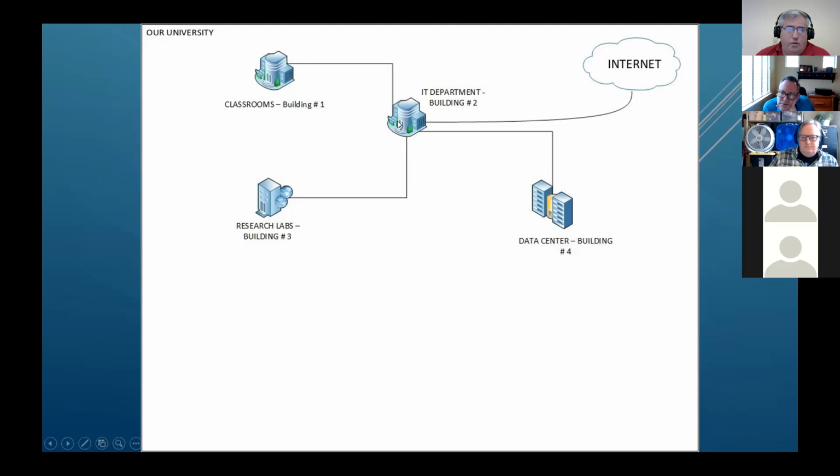So it will route between all of these. And this is like a university setting. We've got classrooms here, we've got research labs, and we've got a data center that we want to communicate. And the IT department's kind of the hub for everything, all the wiring, fiber optic cabling, whatever. It all goes into the IT department.